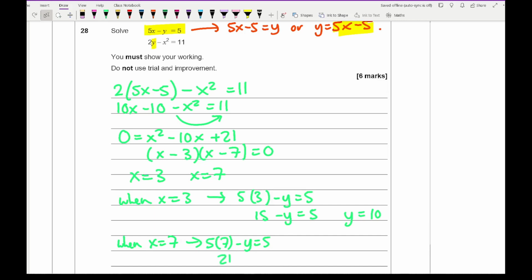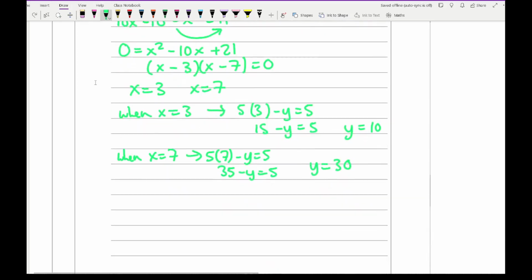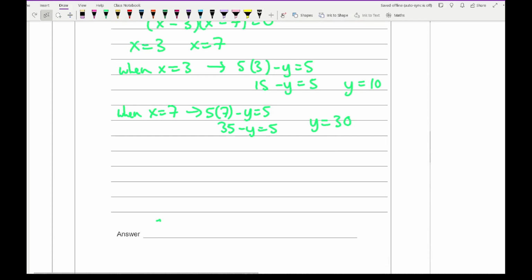So I get 35 minus y equals 5, so y equals 30. So then writing those as coordinates, what we then get is 3 and 10, and 7 and 30.